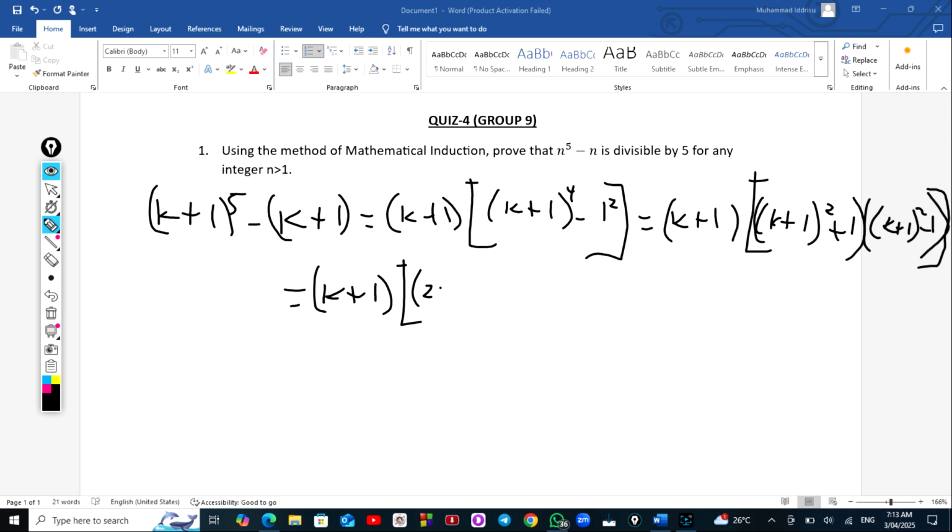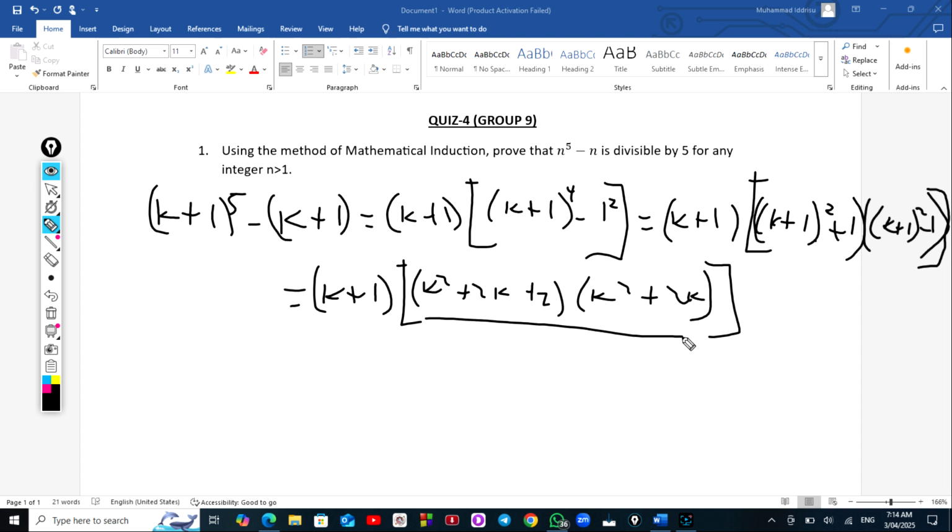This gives me k square plus 2k plus 1 square is 1, 1 plus 1 is 2, multiplying k square plus 2k plus 1 square is 1, 1 minus 1 is 0, so I don't even need the plus. So as you can see from here, inside the bracket we can expand.